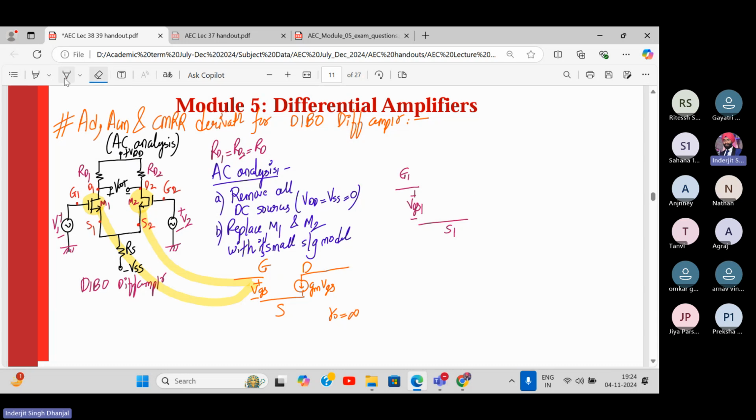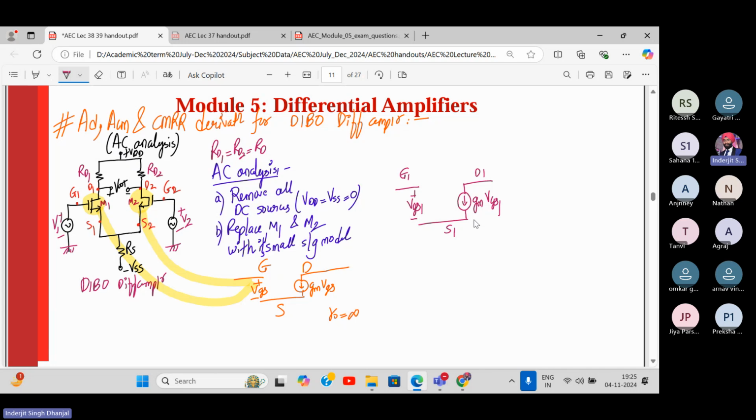Come on, just now we have drawn a voltage dependent current source, GM VGS1. Actually, GM is same, so we'll write GM only. And the top of it is the drain 1 terminal, right? So we have drawn this.